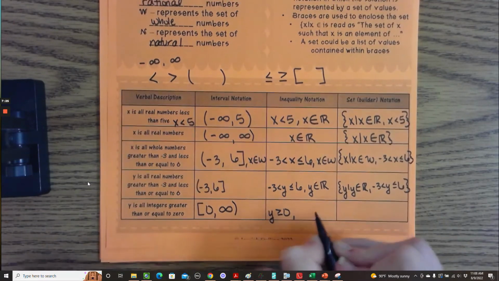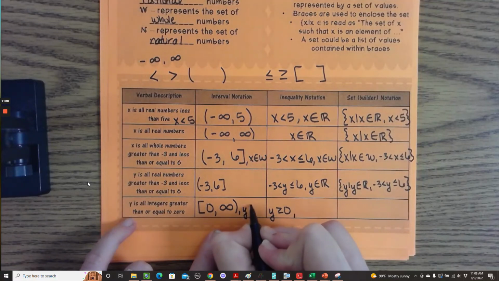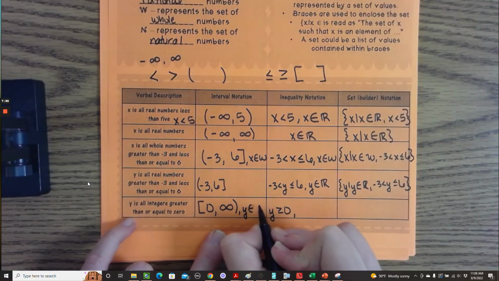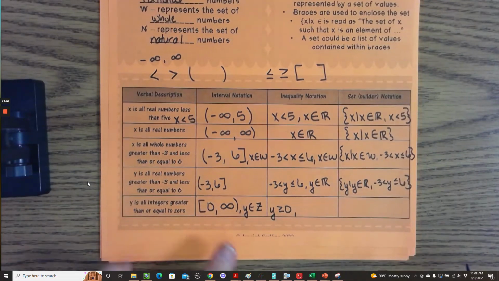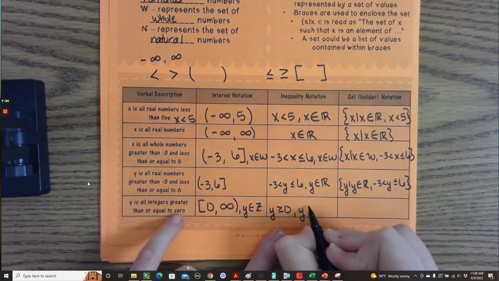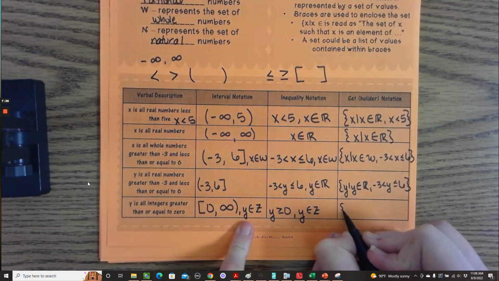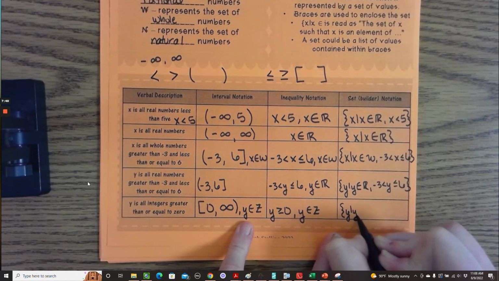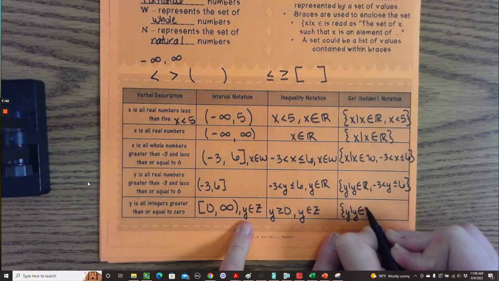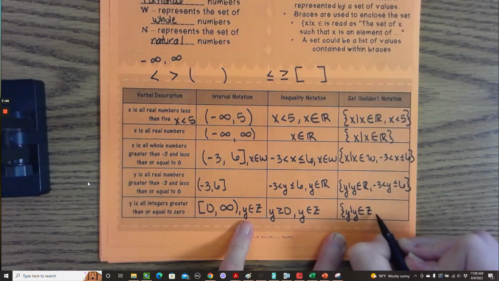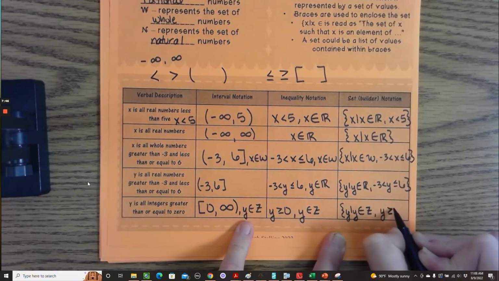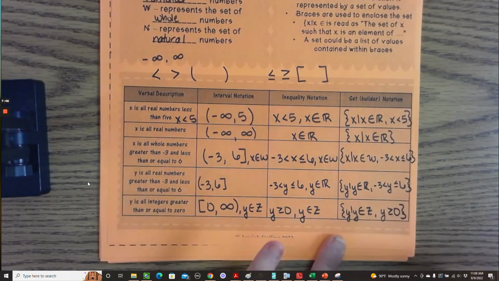And then y is an element of the integers. Same thing here. And then in set notation, same thing, set of integers where y is greater than or equal to 0.